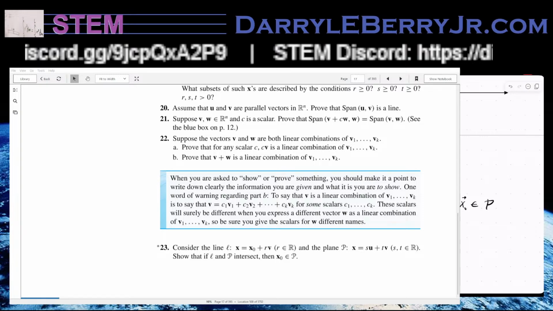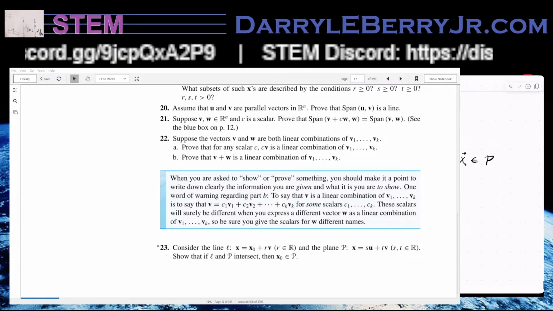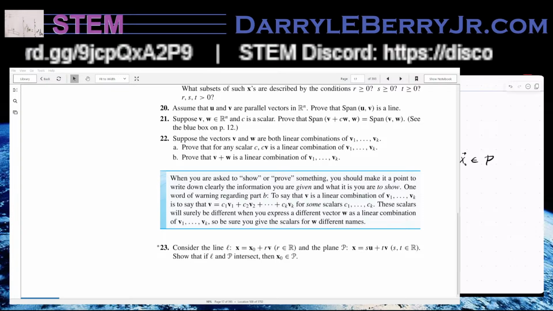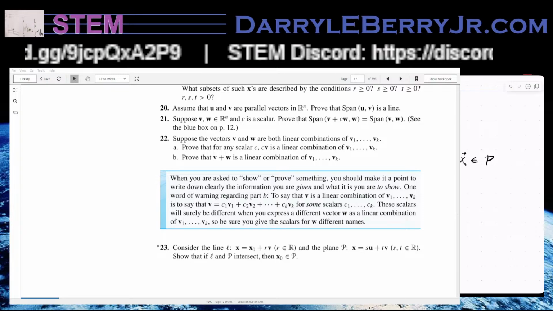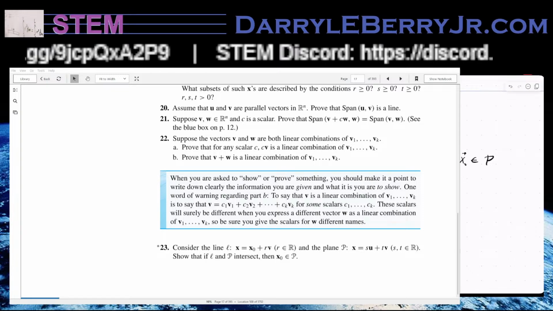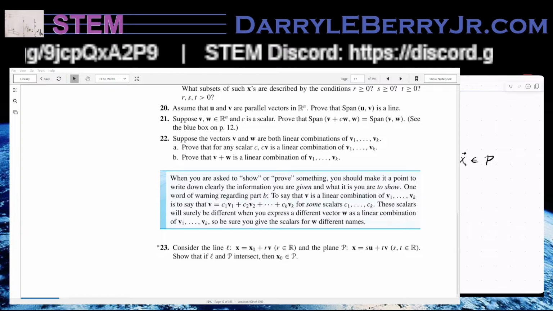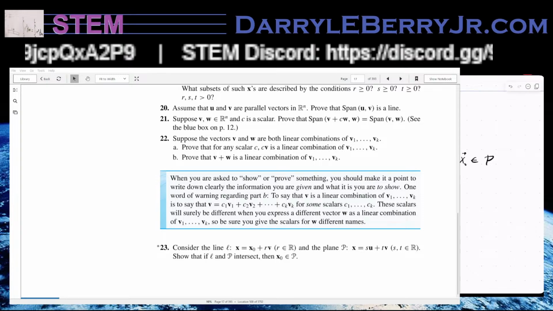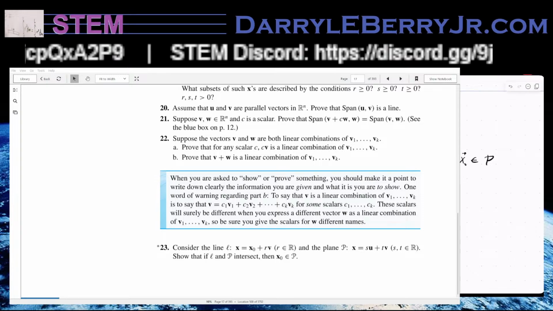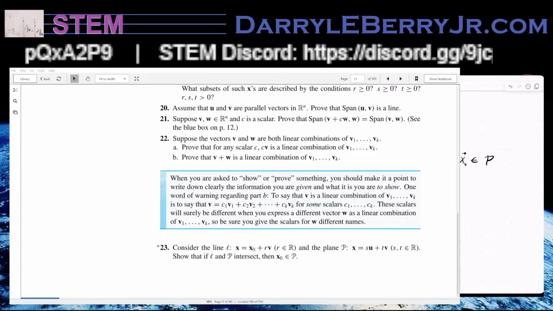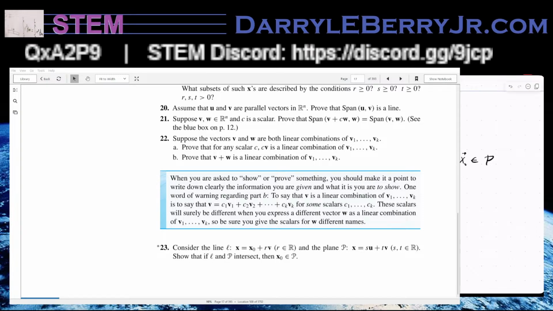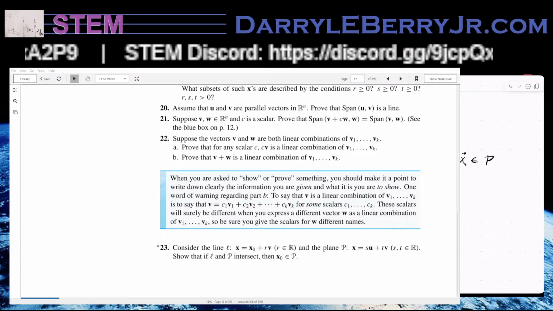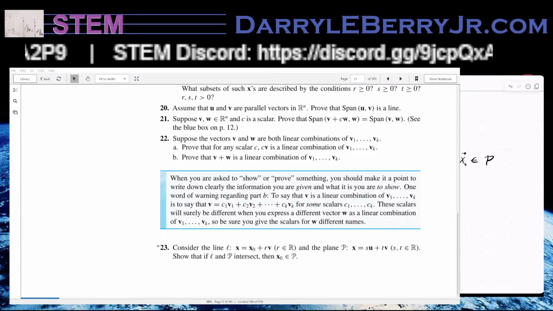Okay, so if we look at this, we'll draw each of these. We have a line with an x naught. First, we have our x naught, which is some vector coming from the origin. And then the line that we're dealing with is certain scalars of that.